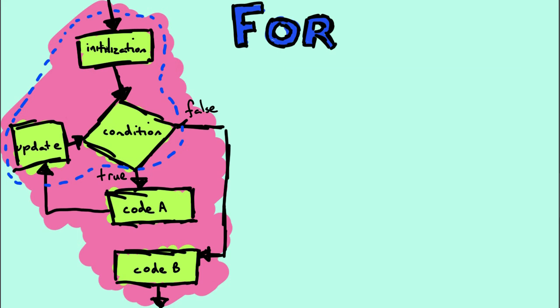So let's have a look at the code. A for loop looks something like this. We have our for, we have our brackets, and we have our braces once again, but you can see that there are semicolons.